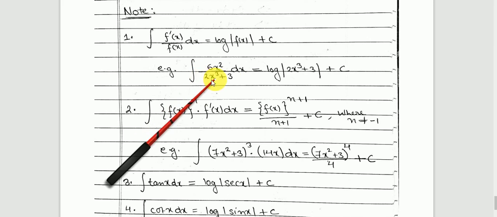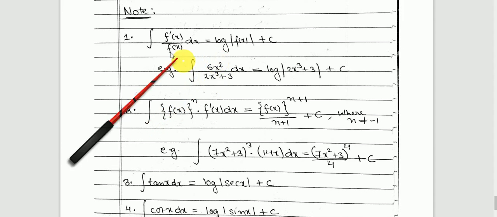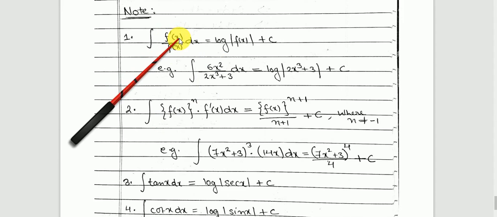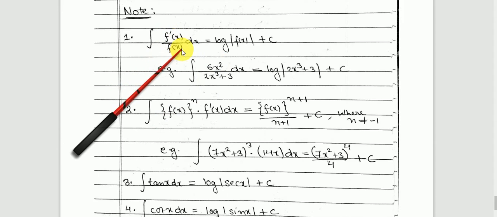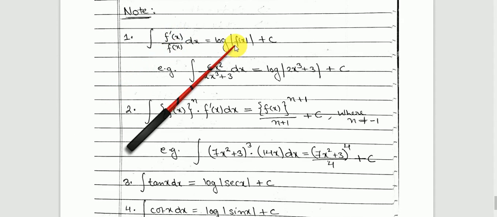In the denominator you have 2x cube plus 3, and if you differentiate this, you get 6x square. So if f dash x is in the numerator and fx is in the denominator, then the integration will be log mod fx.